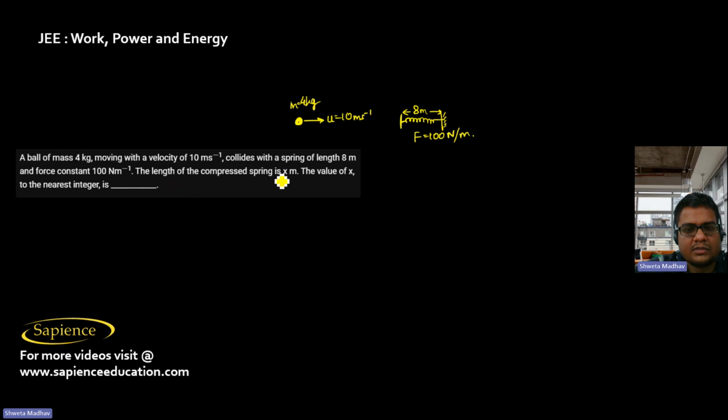The length of the compressed spring is x meter. The value of x to the nearest integer is, the x we have to find out.